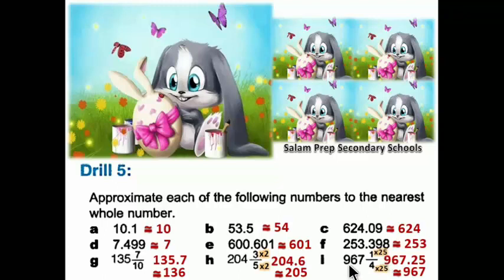So 967 and a quarter equal 967.25. Now look at tenths digit in decimal part. 2 is smaller than 5, so we will write 7 in units. Doesn't change. 967.25 is approximated to the nearest whole number 967.